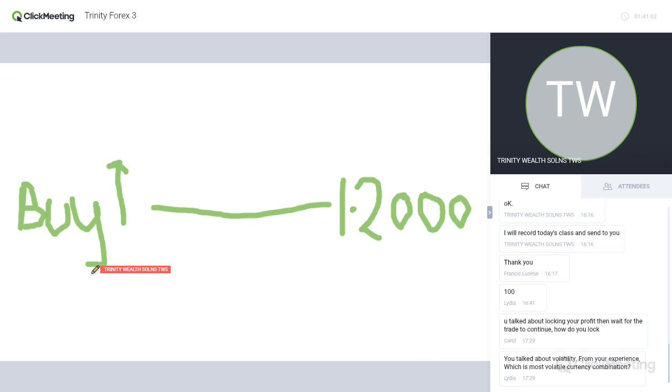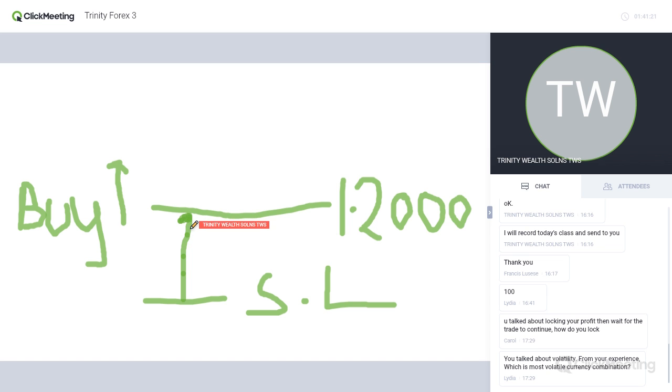The moment you buy, already you've set your stop loss here. You're saying, although from my analysis this market is moving up, in case it reverses and goes down, this is the maximum loss I'm willing to take. That's your stop loss. Then you've done your analysis and you say the market is likely to reverse around here. This is my take profit, I call it a TP.